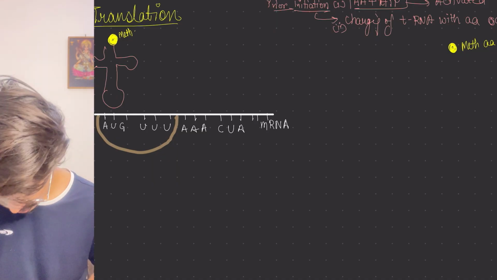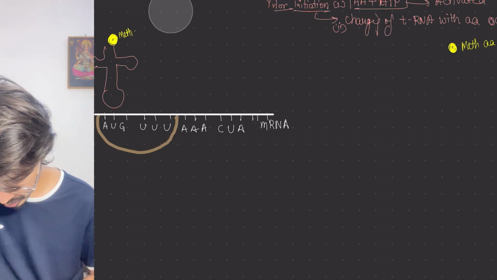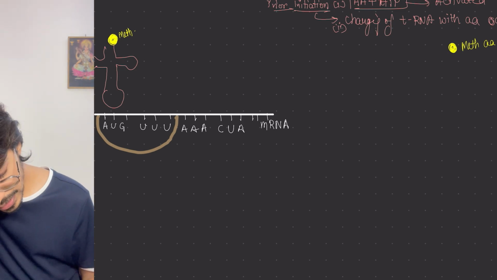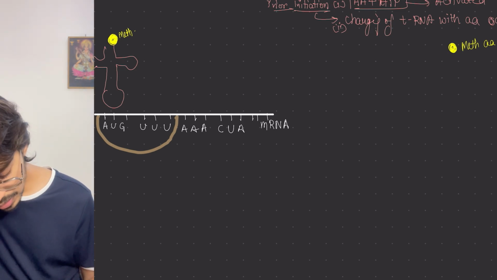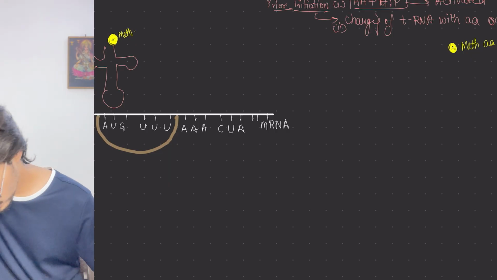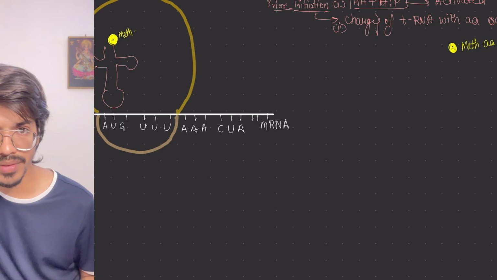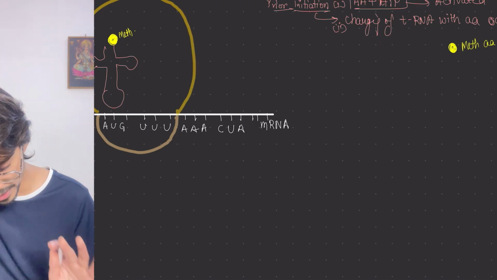Now the next thing is that the larger unit of rRNA will join with it. That is, the ribosome will join with it.